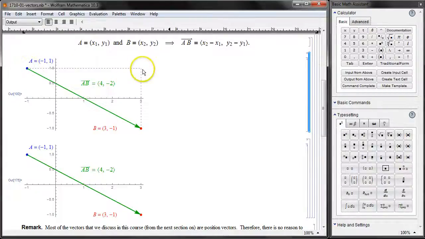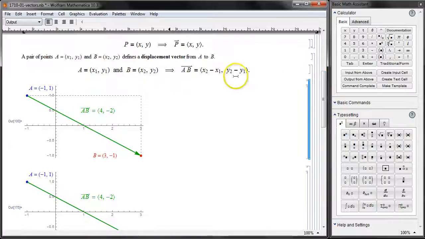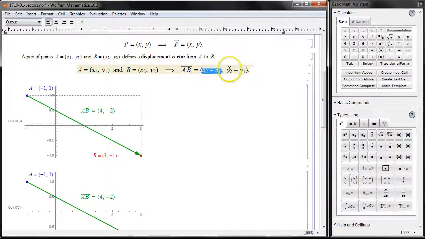From here all the way over there, 3 minus -1, that's how I get 4. How about the y components? From blue to red, if you look at only the y component, it's equivalent to following this dotted line vertically from this corner of the right triangle to the red point. And what is it? -1 minus +1, that's how you get -2. And that justifies this formula here, x2 minus x1, comma y2 minus y1.